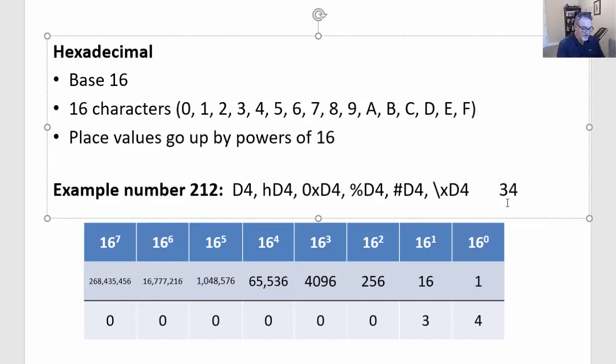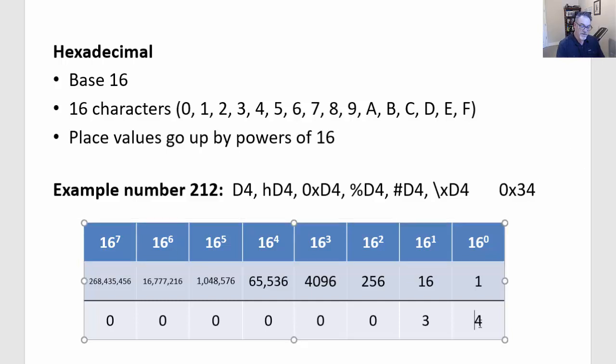So it's written like this, 0x34, and we know it's hex 34. In other words, we know that this would be 4 ones and 3 16s. And 3 16s would be 32, 40, 48, plus 4, and this would be 52. So hex 34 is decimal 52. Why? Because 3 times 16 is 48, and then plus 4 is 52.